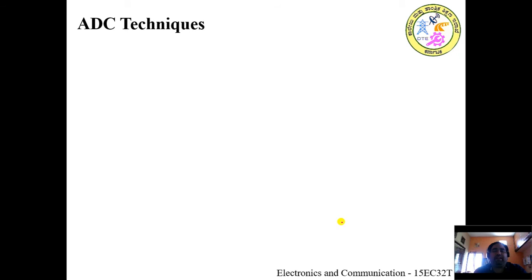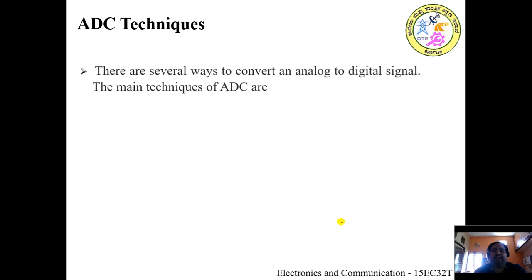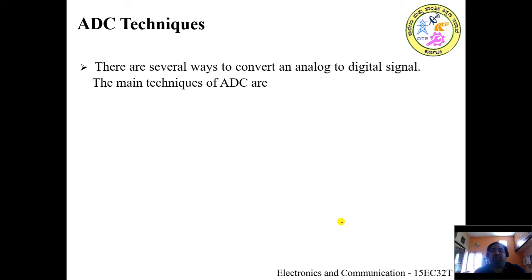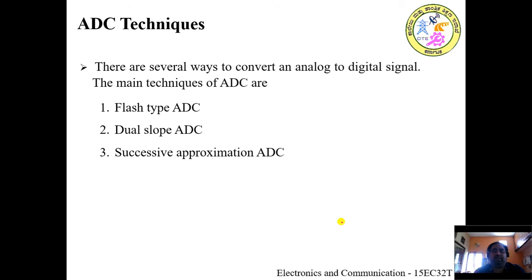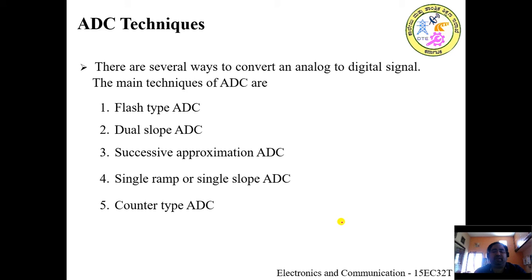Next, there are various ADC techniques, or various ways to convert the analog signal to digital signals. The main techniques of ADC are: the first is the flash type of ADC, the second is the dual slope ADC, the third is the successive approximation ADC, the fourth is the single ramp or single slope type of ADC, and the fifth is the counter type of ADC.